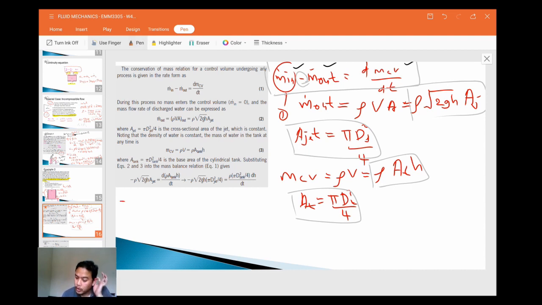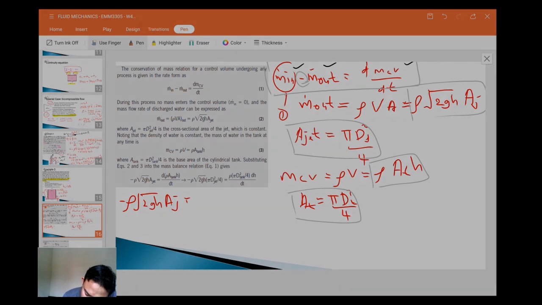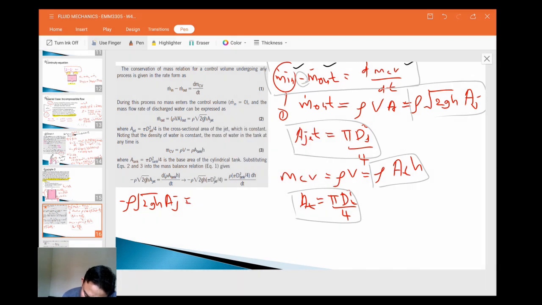So we know that M dot out is rho square root of 2 g h A jet, equal to the differentiation of mcv, which is rho A tank dh over dt.